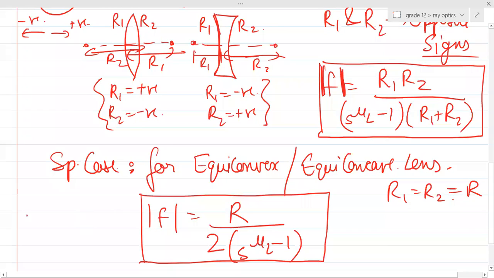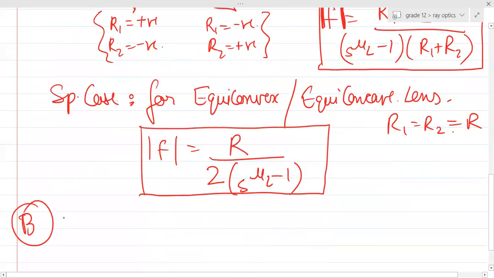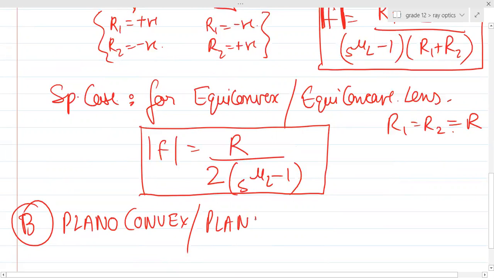Is it clear, guys? The second case is basically for a plano convex lens or a plano concave lens.